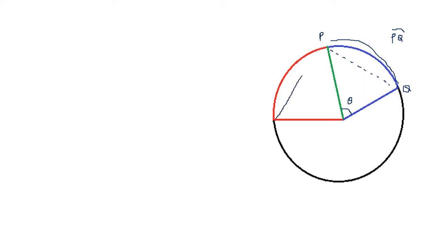Now I have got a chord PR. It also makes an angle at the center. Now if the chord PQ is equal to PR, it shows us that the angle at the center will also be equal, because there is a theorem that equal chords make equal angles at the center. But we saw just now, if the chord is equal, then the arc is also equal.